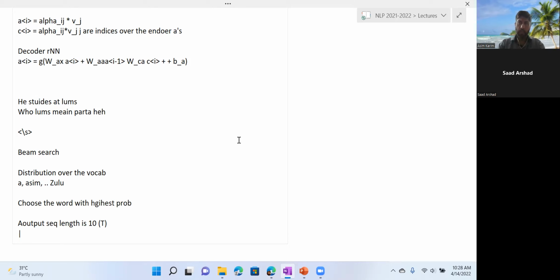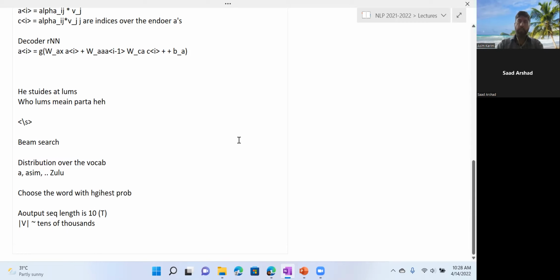You have basically V options, and this typically would be in the tens of thousands. So vocabulary for English, for example, would typically be 50,000, 100,000, even larger if it consists of informal words. So the number of possible sequences that could be generated of length, sorry, length 10 would be V raised to the power of 10.